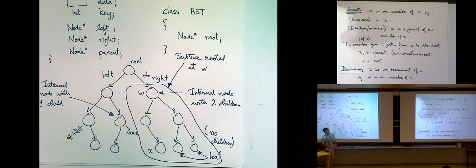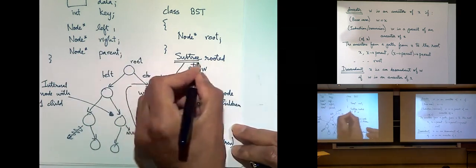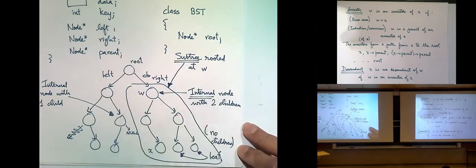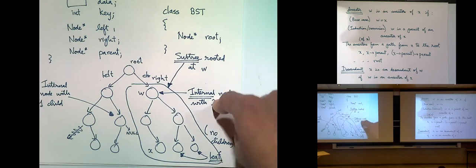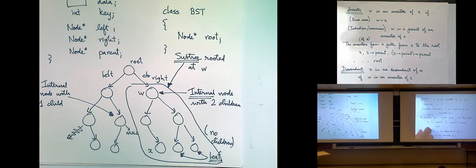That is referred to as the subtree rooted at W. So there are these five terms that I've defined here: leaf, internal node, subtree, ancestor, descendant.